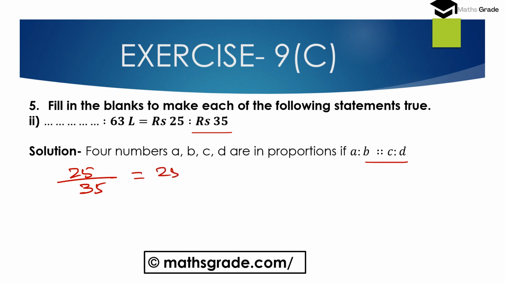So 25 divided by 5 and 35 divided by 5. 25 divided by 5 is 5 and 35 divided by 5 is 7. 5 divided by 7.